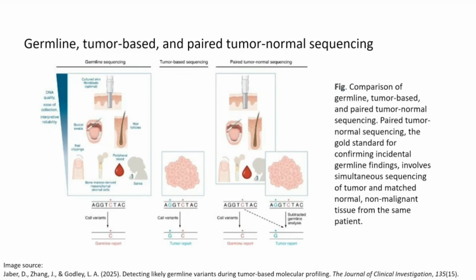The very common practice to identify whether a variant is germline or somatic is that the experiment will be designed in a way that from the same patient, we obtain two different tissues or two different samples.